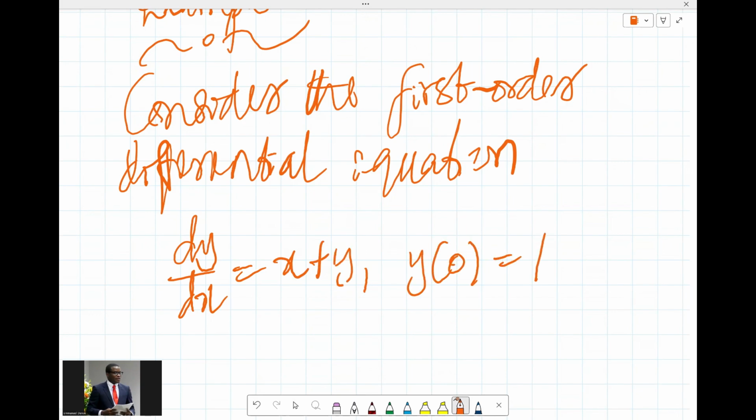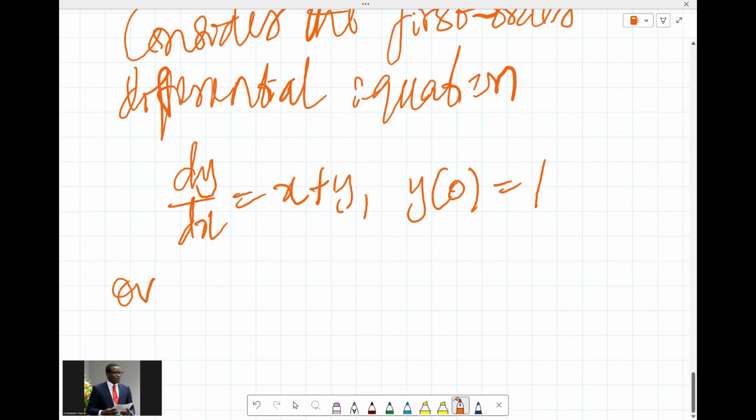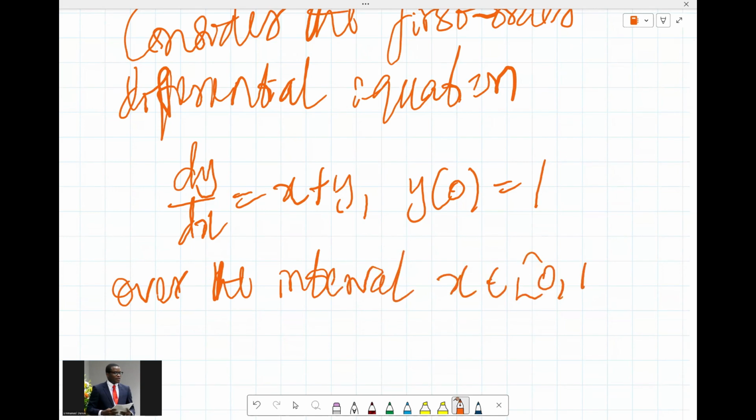This is an initial value problem, actually, over the interval x belonging to the closed interval 0, 1.